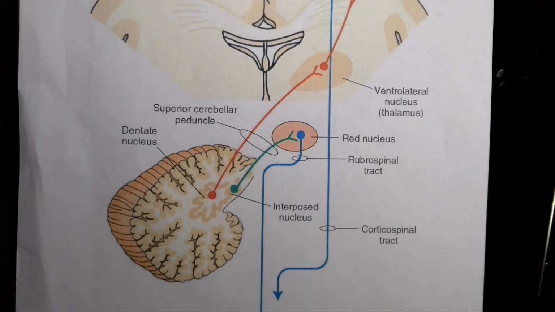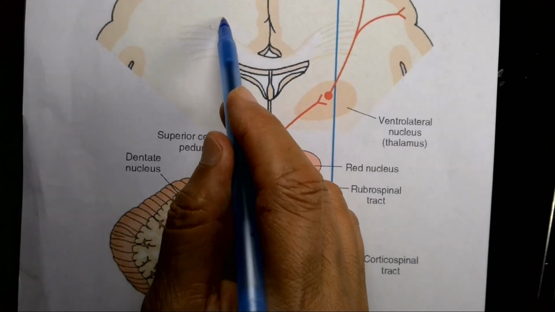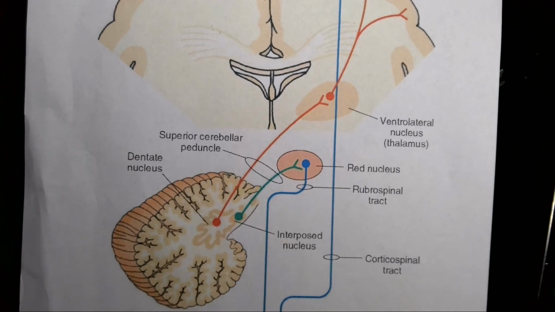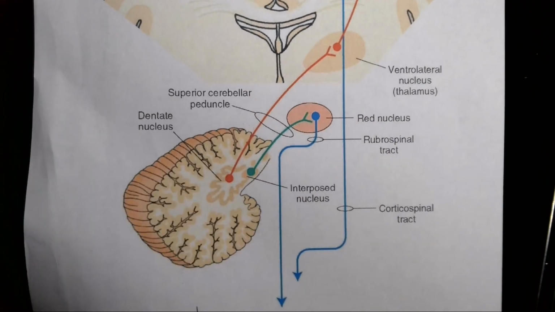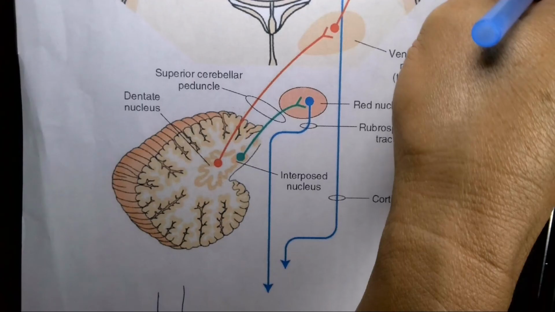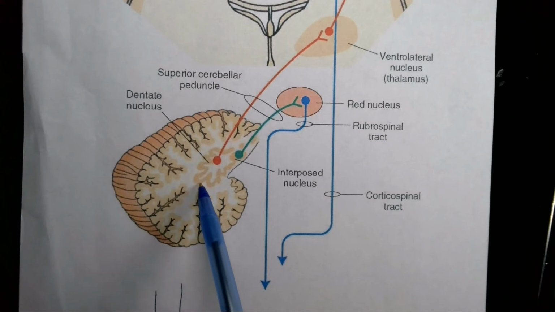So the cerebellum is intermediate here between the cerebral cortex and the spinal cord down here. So it is intermediate. But at the end of the day, you need to keep in mind that the cerebellum is going to control the movement of the same side of the spinal cord.